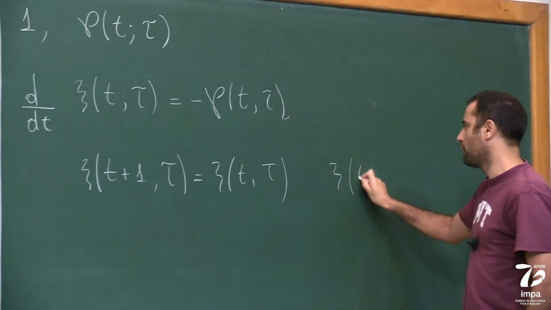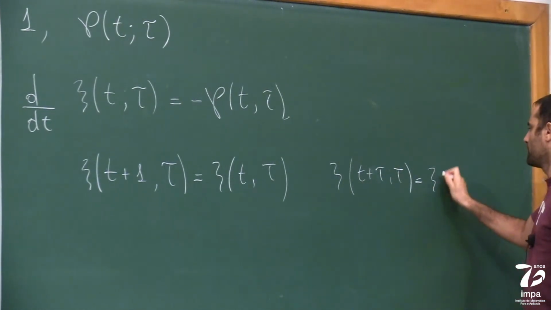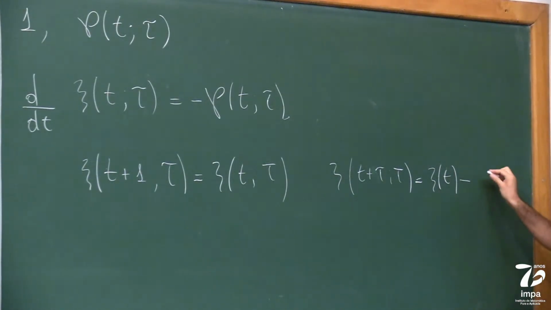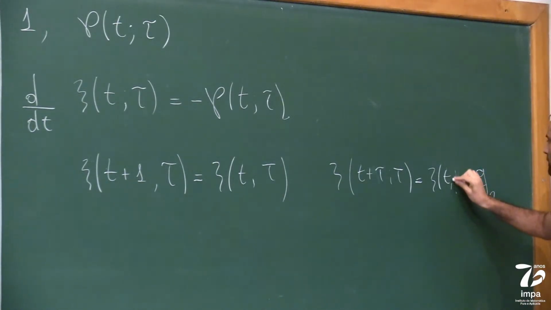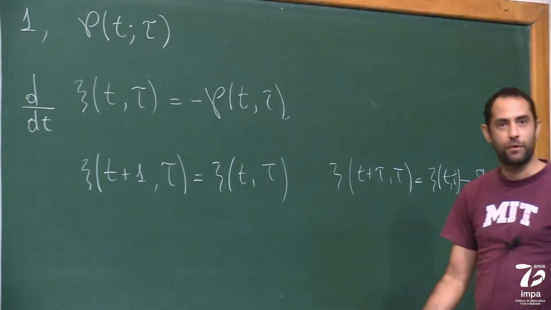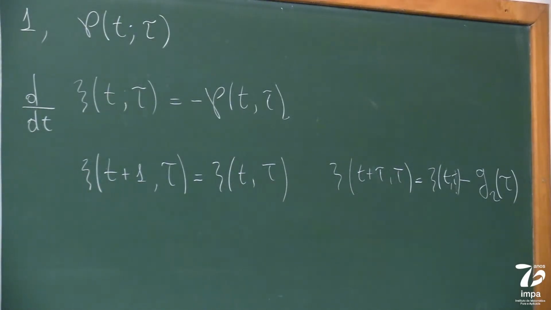But zeta of t plus tau is zeta of t minus, perhaps I'm getting this sign wrong, but the constant that you pick up is a constant that depends on tau, and that constant is G2 that I defined in the previous lecture.